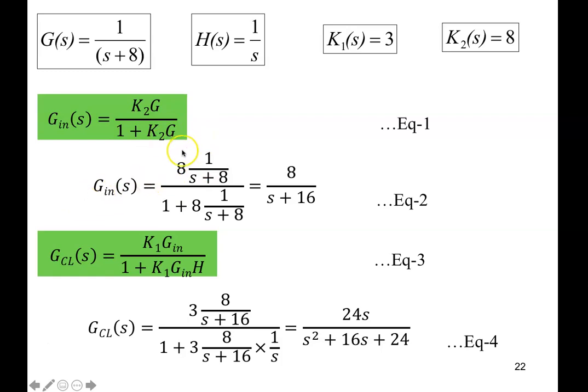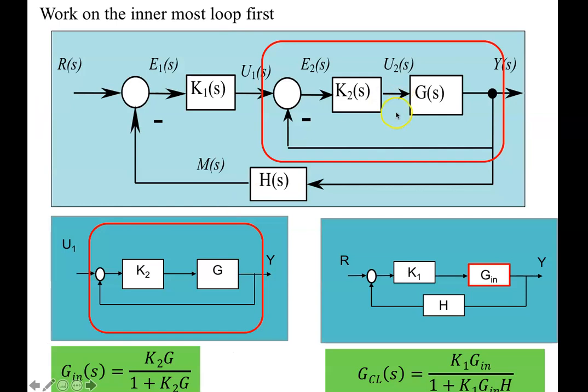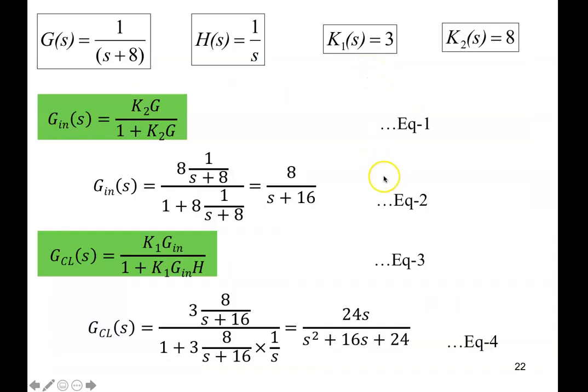In the numerator, I end up with 8. In the denominator, I have S plus 8 plus 8, that's S plus 16. So GIN, the transfer function of that red block, equals 8 over S plus 16, as shown in equation 2. Once I have GIN, I'm ready to work out the overall closed-loop transfer function.